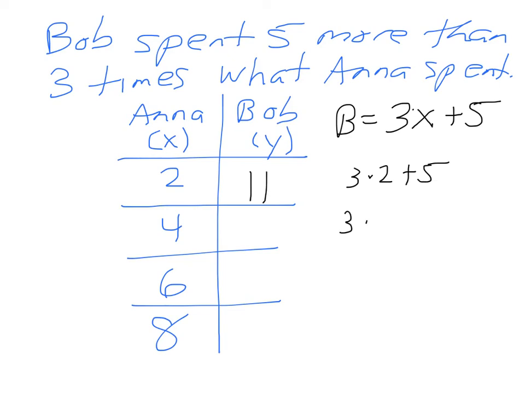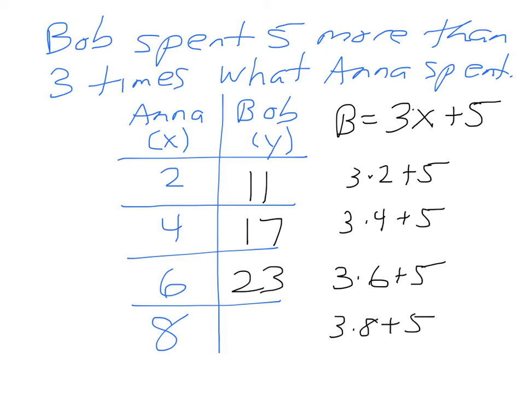And here it's going to be 3 times 4 plus 5, and that's going to give me 17. 3 times 6 plus 5, I'll get 23. And finally, 3 times 8 plus 5, and that'll give me 29. Now, for fun, what's the domain? Yep, 2, 4, 6, 8. And the range? No, I told you it's where the deer and the antelope play. No, you're right. It was 11, 17, 23, and 29.